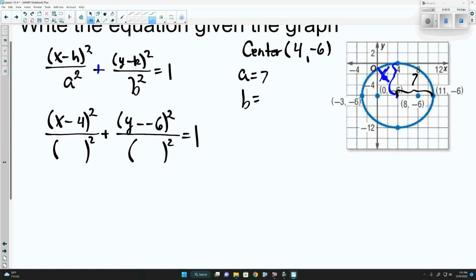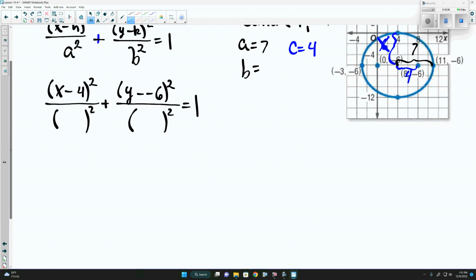But we do know what c is. c from 4 to 8 is 4, so c in our case is 4. And again, as we've seen already, if a and c are nice numbers, most likely b is not. For some reason, that's how it just works out for most of these.